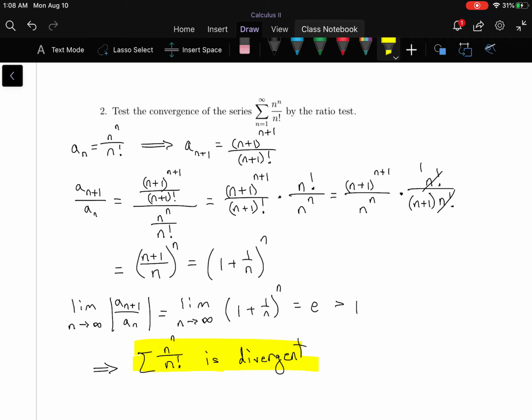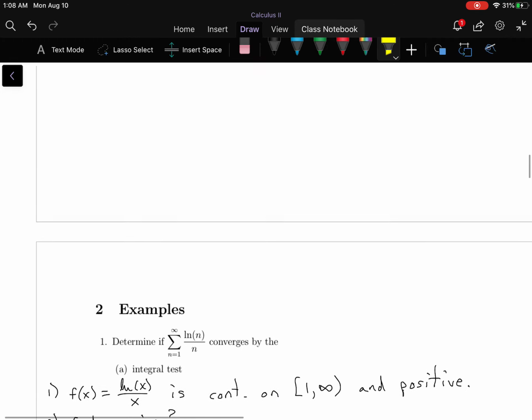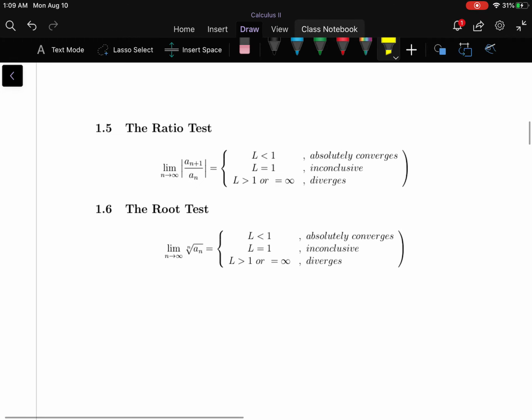So that's what we learn in this case from the ratio test. Again, what we're looking for, in case you didn't quite read the initial summary pages, the ratio test looks at the limit of the absolute value of the ratio. If it's equal to 1, then you don't learn anything. If it's less than 1, you learn that it absolutely converges.